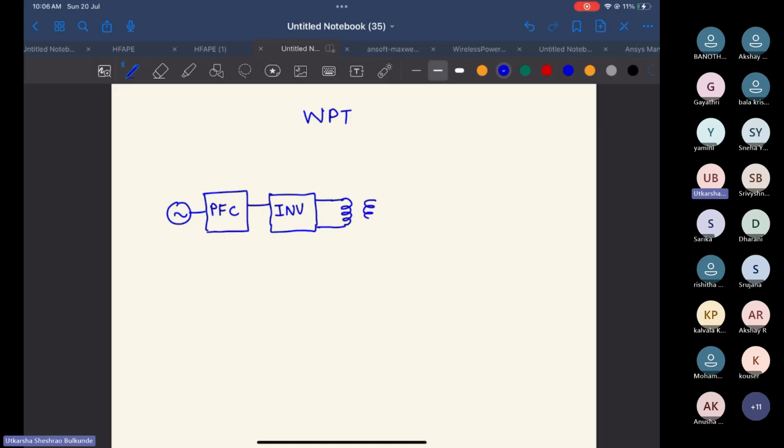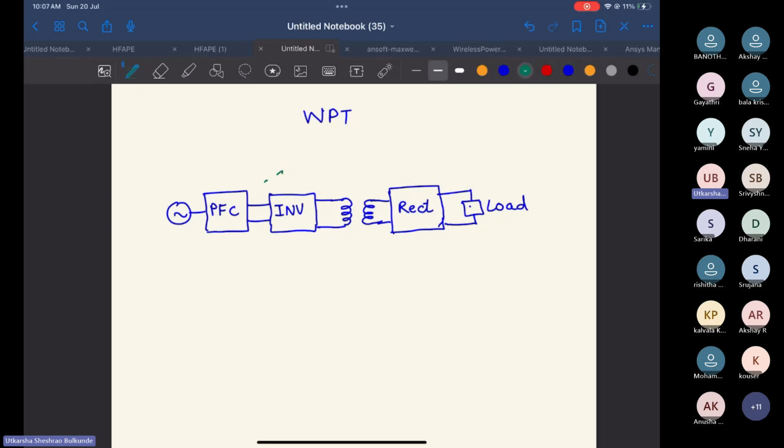This is your transmitter coil, this is your receiver coil, then the rectifier, and then your load. This is the block diagram we have seen for wireless power transfer.